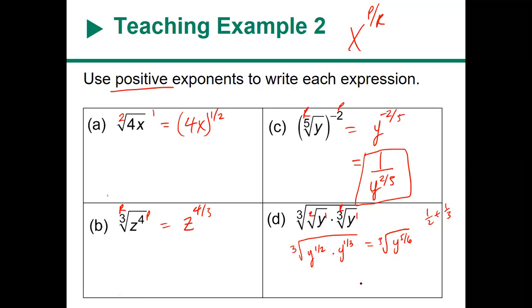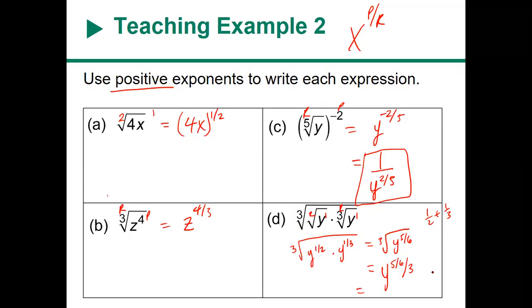Okay. Then we're going to keep going. Now, our power is 5/6 and our root is 3. How do you clean that up? You have a fraction divided by a number. You multiply by the what?